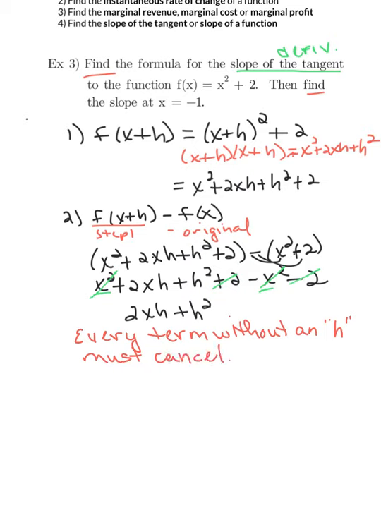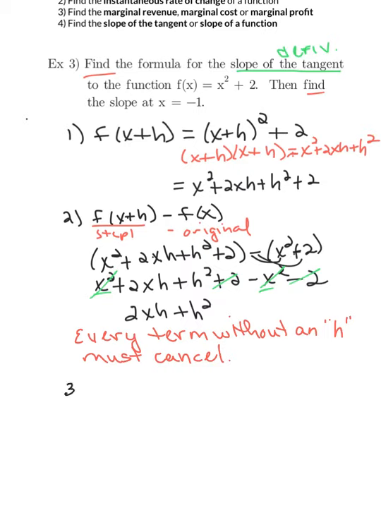There are a few problems that you may run into where you actually have a term with an h that cancels, and that's okay. The thing that's important is every term without an h has to cancel. So now we're done with step 2.